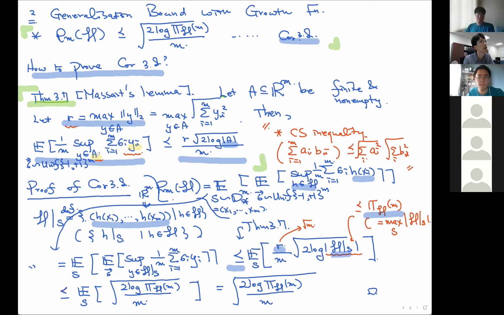And the Massart lemma allows us to separate them out and bound the quantity involving both the norm and the cardinality into something that talks about the norm part and the cardinality part separately. Okay. Right, so that's the generalization bound part.